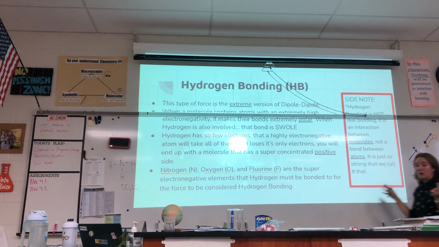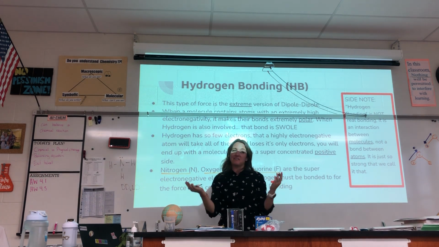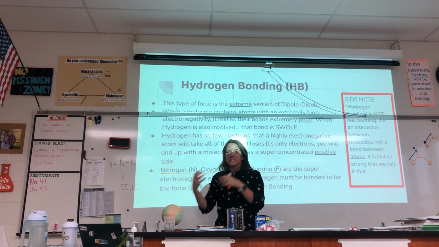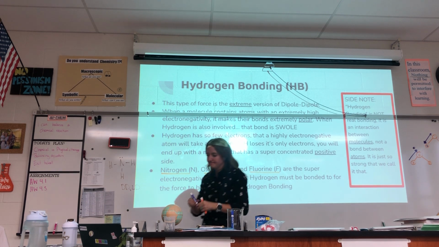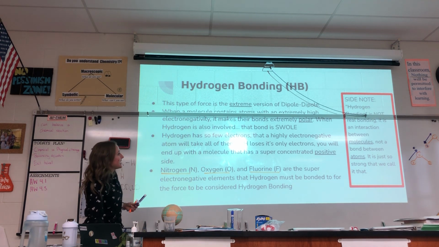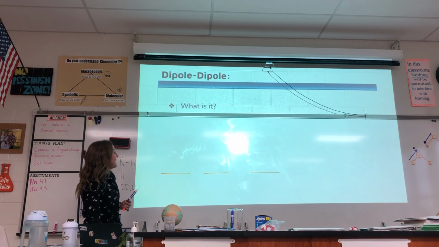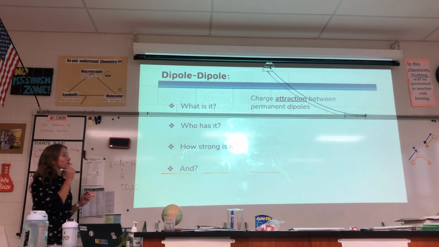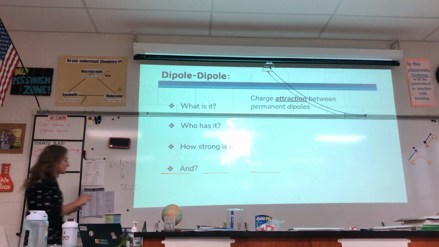Okay, once again, all of these come back to it's about positive and negative things being attracted, whether it's a stronghold or just a temporary weak hold. Okay? All right, let's go through the scenarios and then we'll practice some problems here. Okay? So once again, this is kind of just summarizing what we covered. So the dipole to dipole is the charge attraction between permanent dipoles.